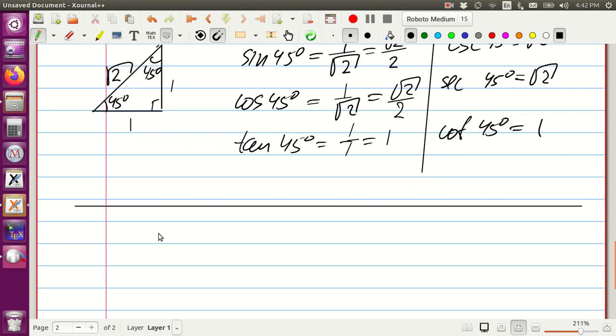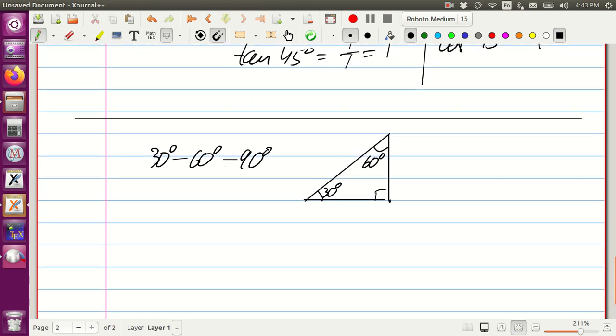Another famous triangle is 30, 60, 90 degrees. So how can we build it? We can build it like this. This angle is 30 degrees, this angle is 60 degrees, and this is a 90-degree angle. And people usually take specific quantities over here.